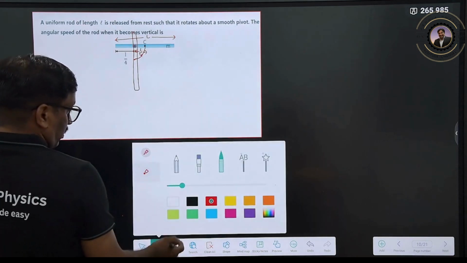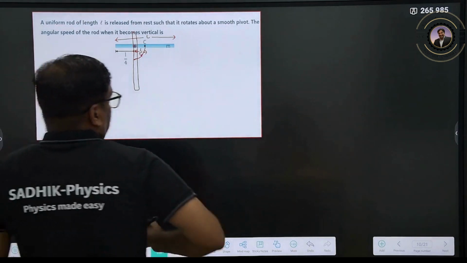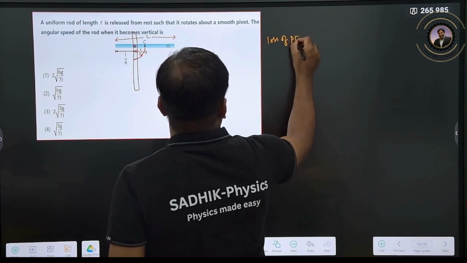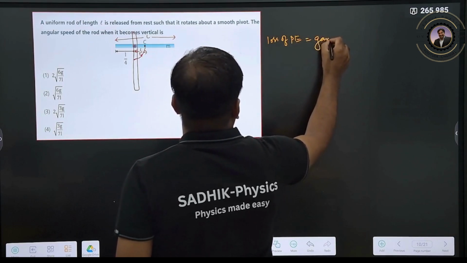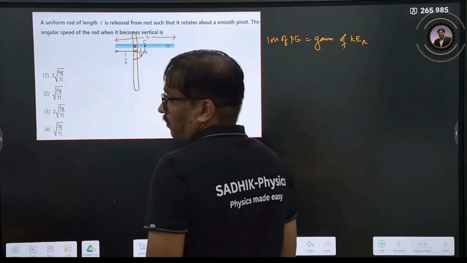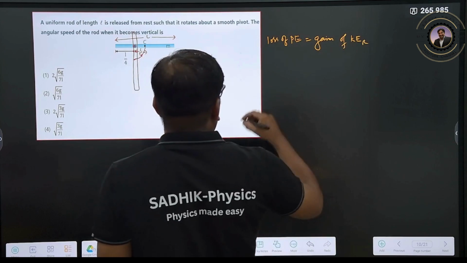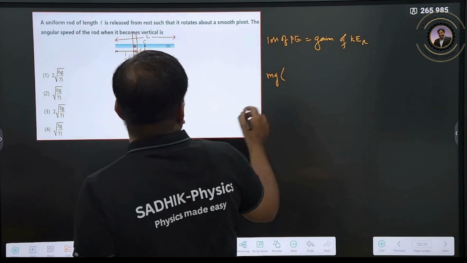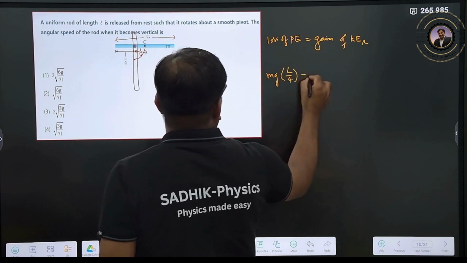Again the same concept: loss of potential energy will be equal to gain of kinetic energy due to rotation. So the loss of potential energy is mg into this distance, L by 4.